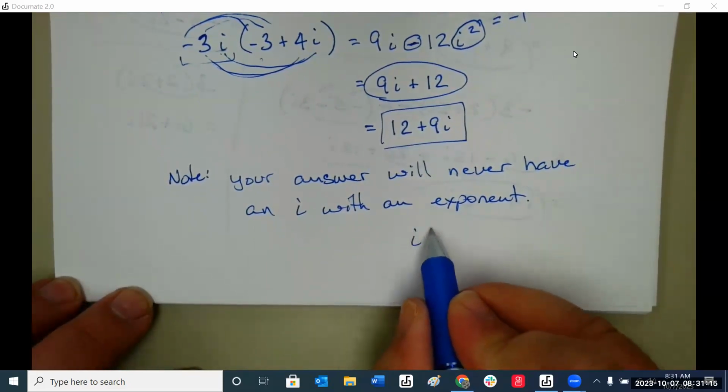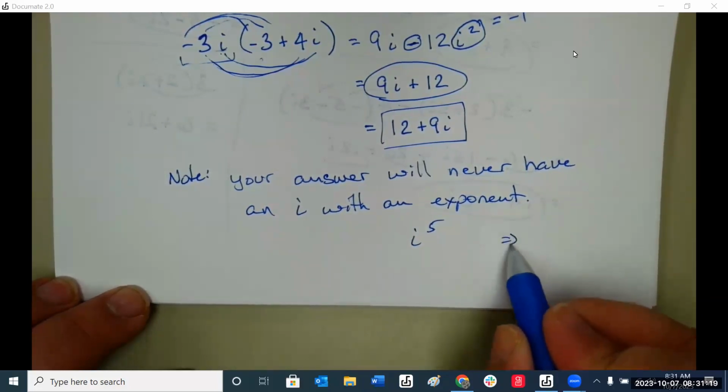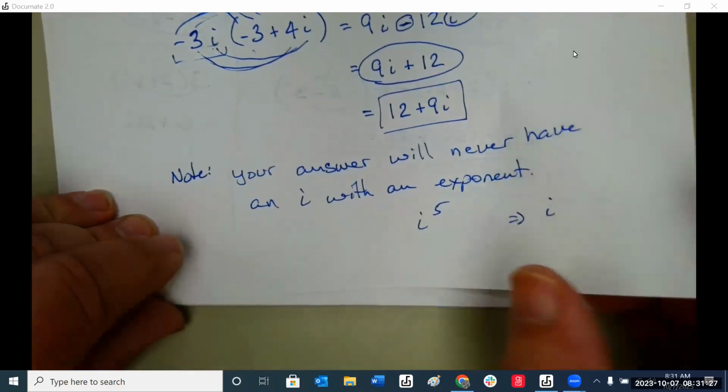You'll never have i to this anything. If you have an i, it has to be by itself. You can't have any exponents. So let's look at what happens here then.